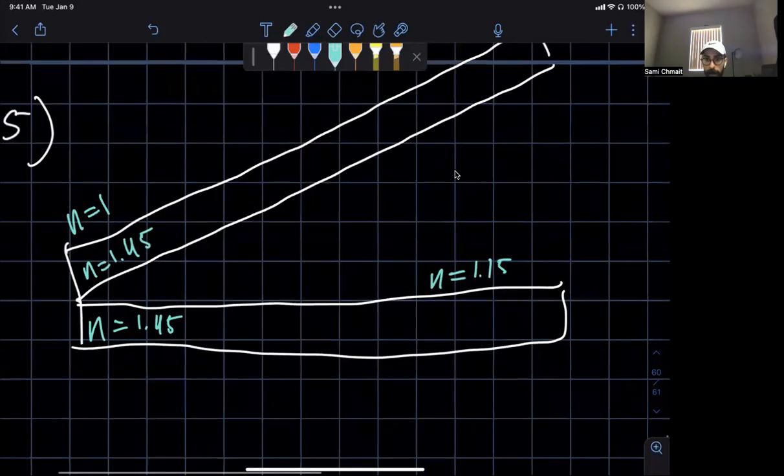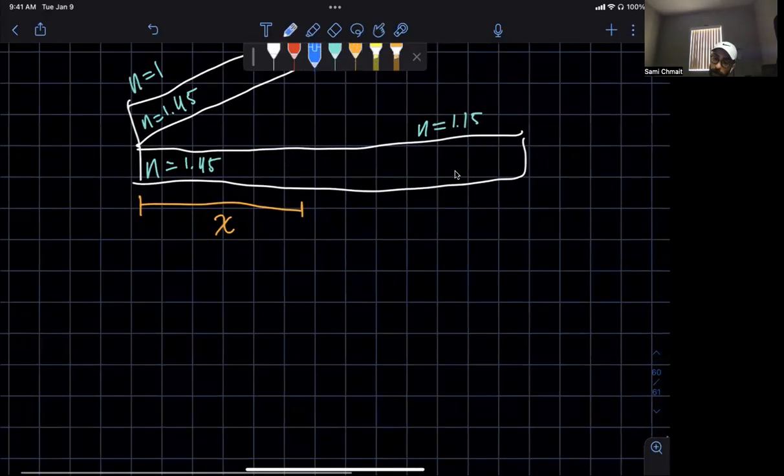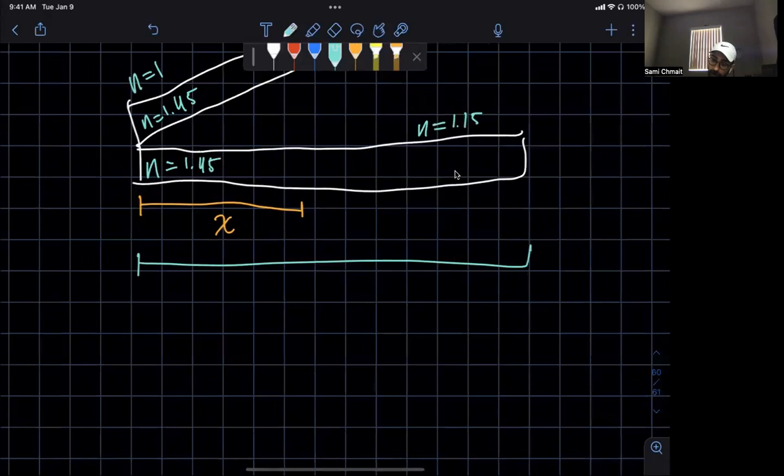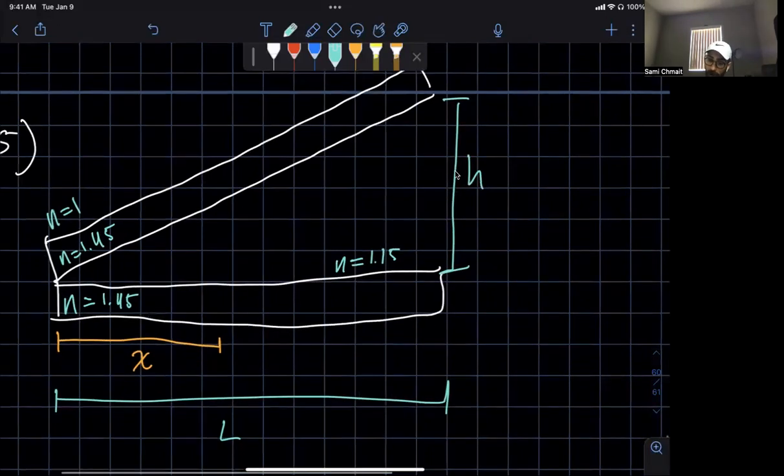And we have what we're looking for, I'll do it in orange, is where that first bright band is. We know how long this is. Call that L. We know that there's that block that I'm going to call H right here. And part of what we're going to need is D1.